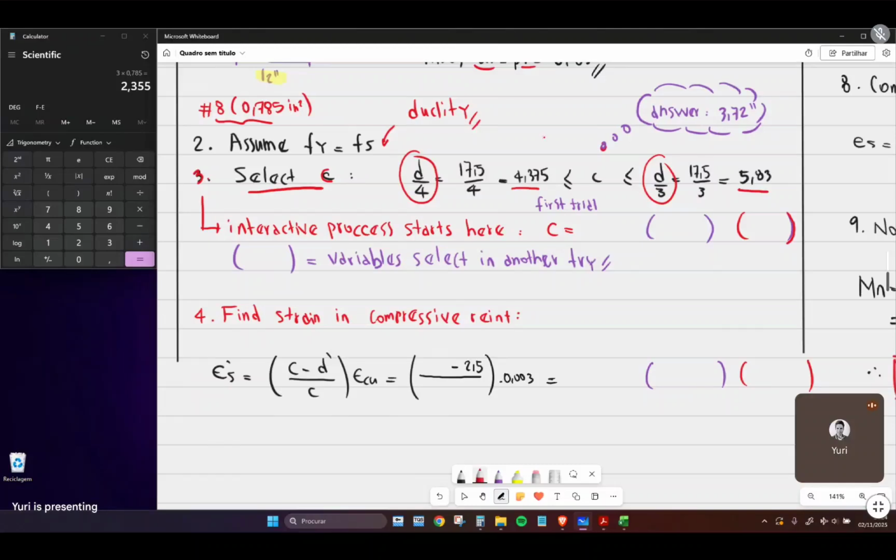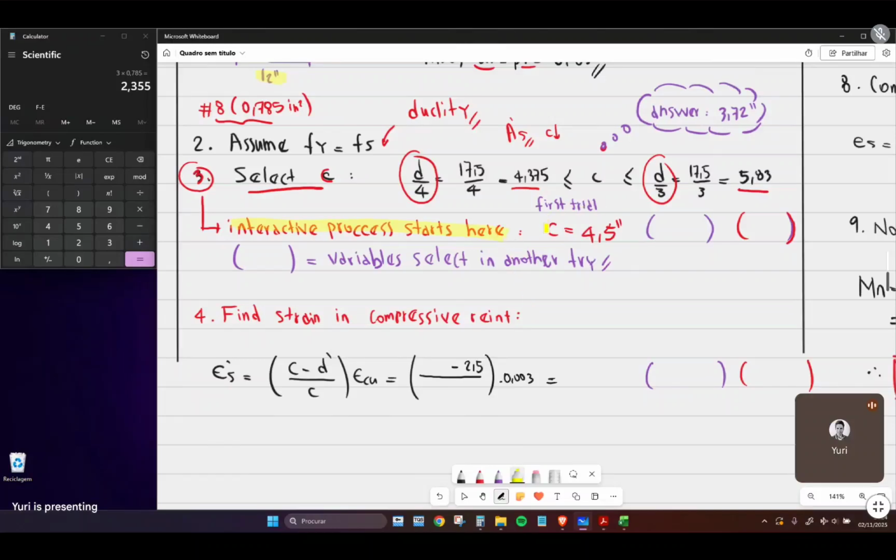I know beforehand that it should be lower than this, because whenever we put A s prime, we decrease the position of the neutral line. But as a beginning, I'm going to use the first one, 4.5 inches.